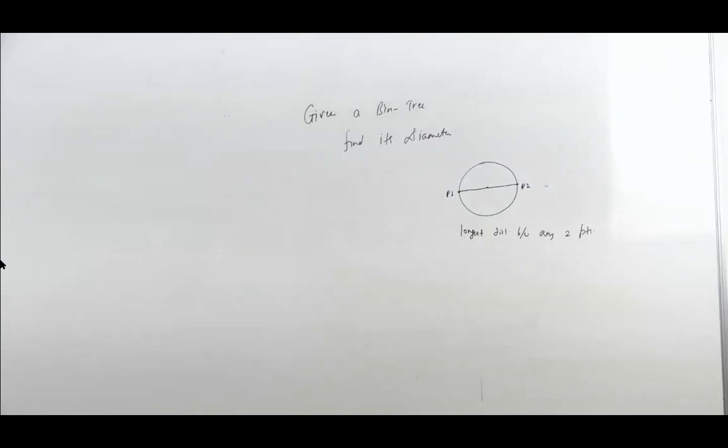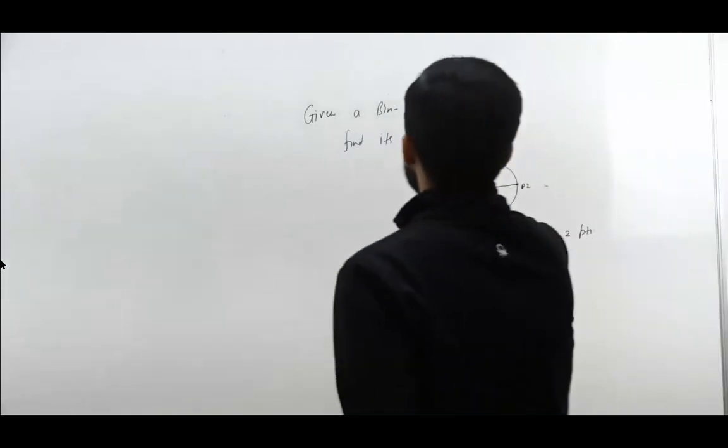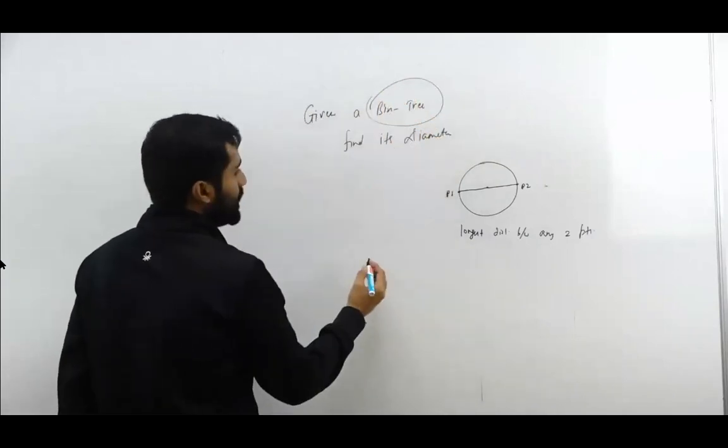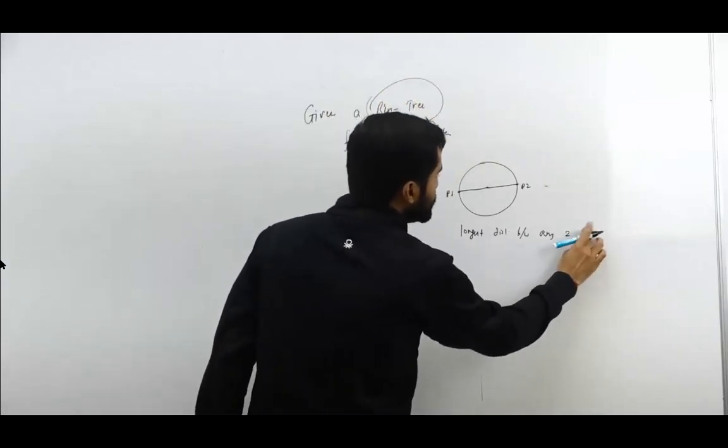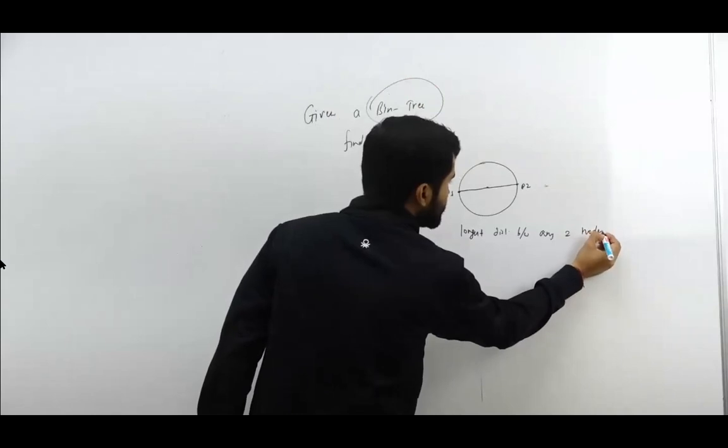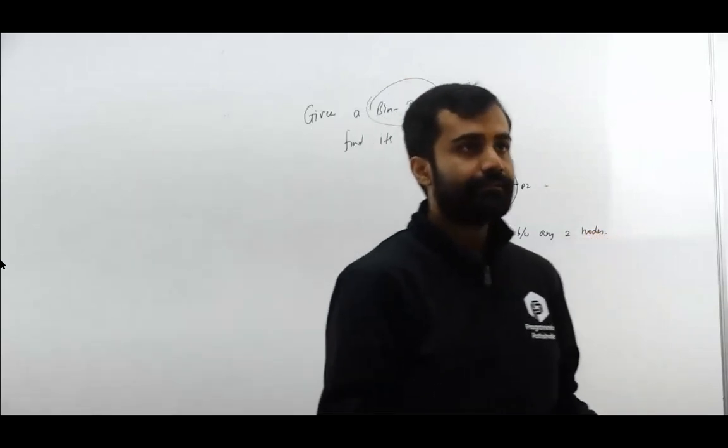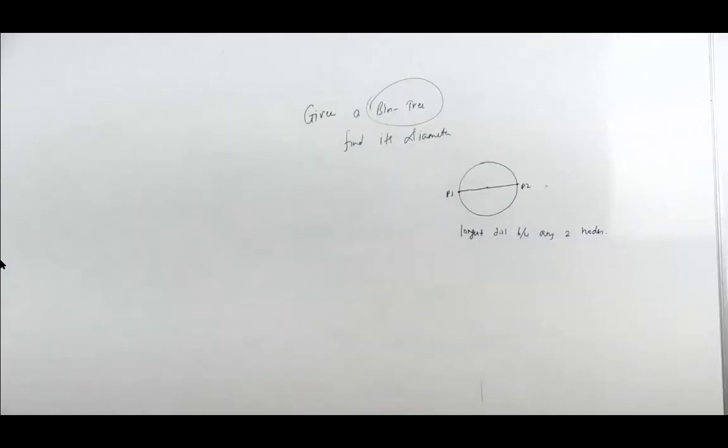Can I define the diameter of a circle as the longest distance between any 2 points? Correct. That is how the diameter of a binary tree is also defined. It is the longest distance between any 2 nodes. Got it? You guys can remember it now? Longest distance between any 2 nodes.